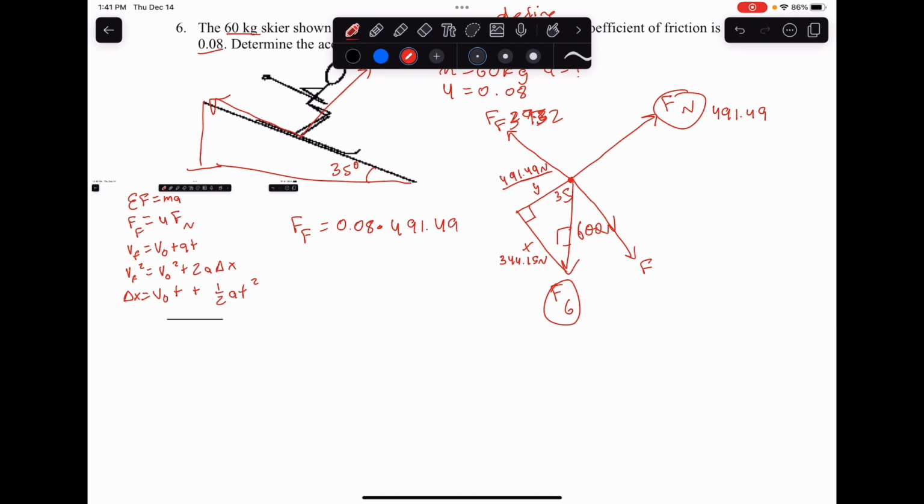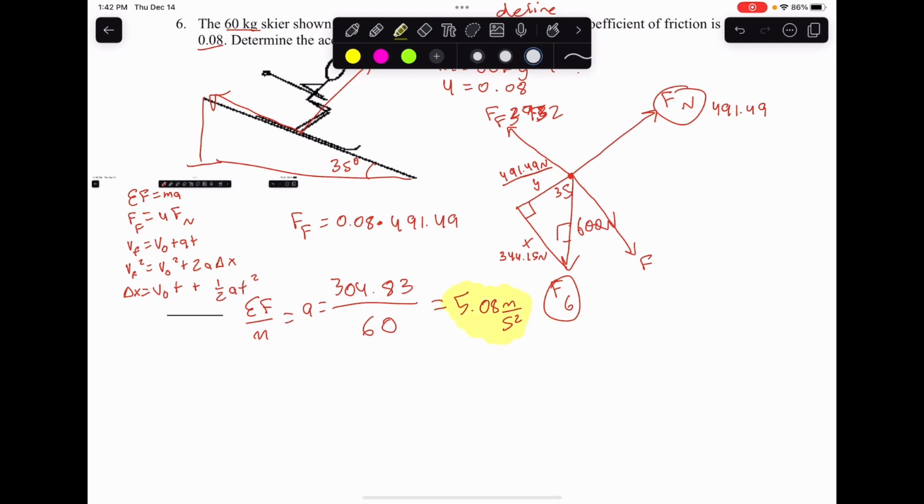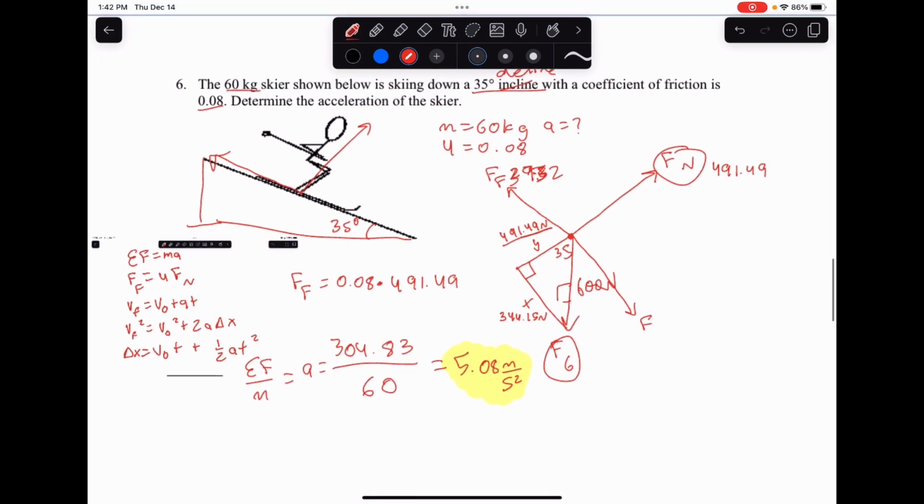So let's divide it by 60. That gives 0.08 meters per second squared. And that's all she wrote. Good luck.